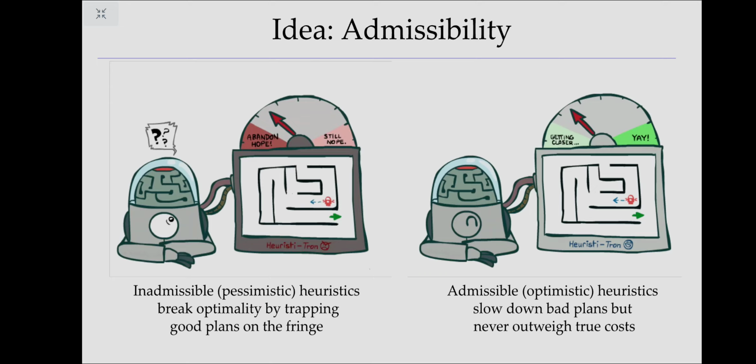What is admissibility? For any problem, we can follow pessimistic or optimistic attitudes. When we look at a problem with a pessimistic attitude, we consider the worst cases.